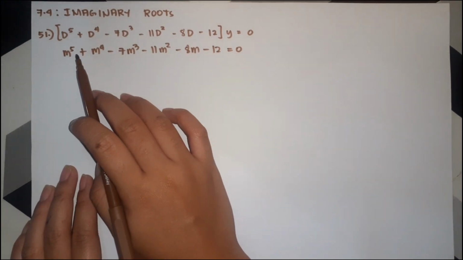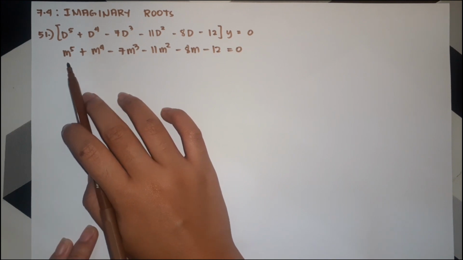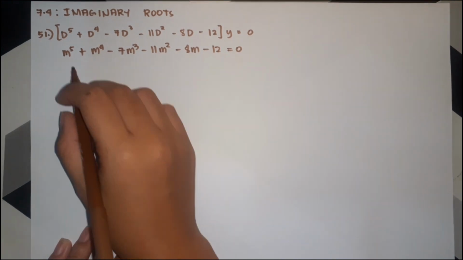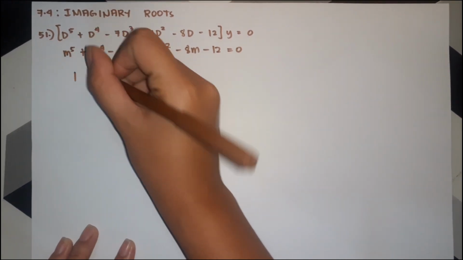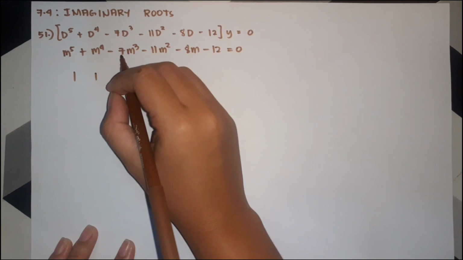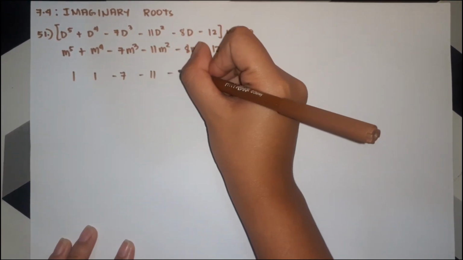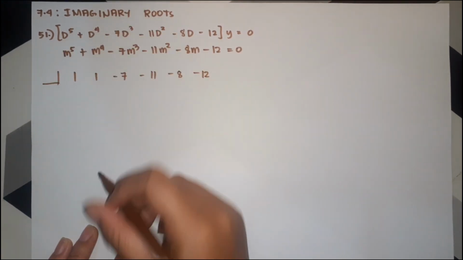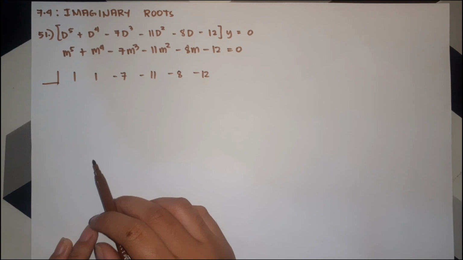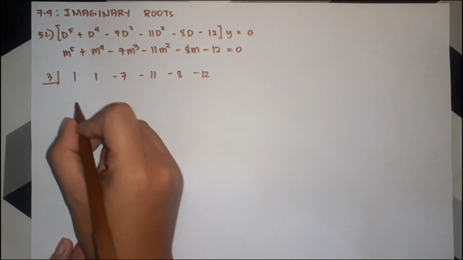In using synthetic division, we will write down the coefficients of the terms in our equation. We have 1, then positive 1, then negative 7, negative 11, negative 8, and negative 12. In synthetic division, we can use trial and error. So here we will first try positive 3.